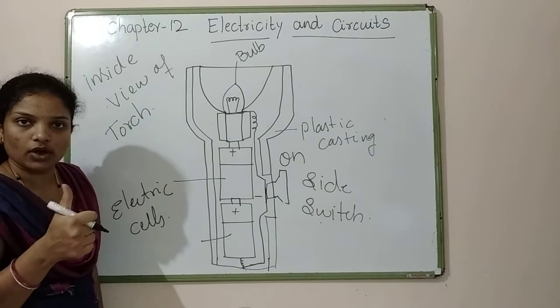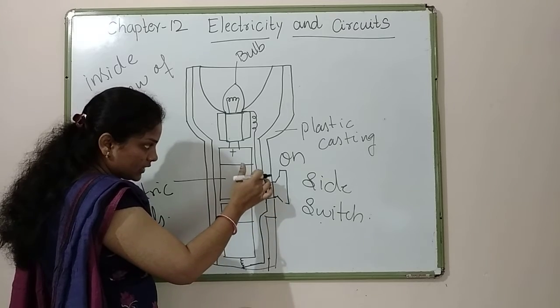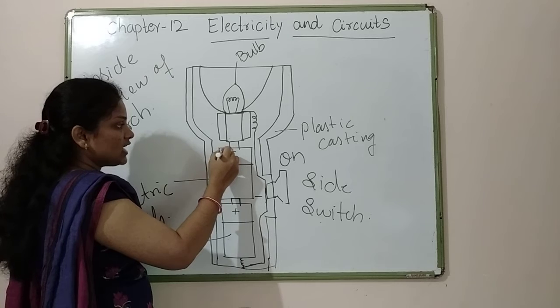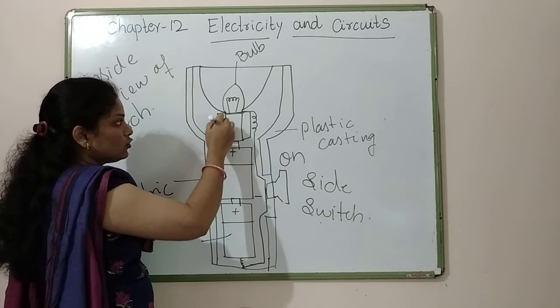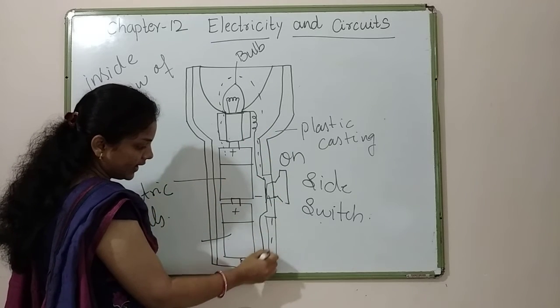Whenever you switch it on, this wire should be connected to this wire. When this is connected, the energy starts flowing from here to the bulb and flows back from this wire to the negative side.